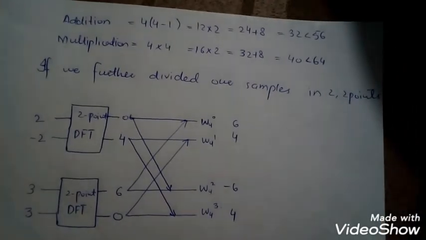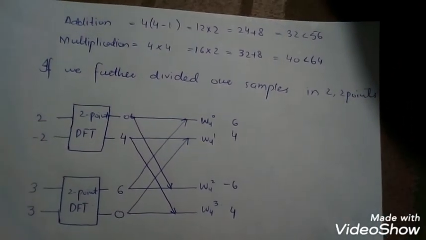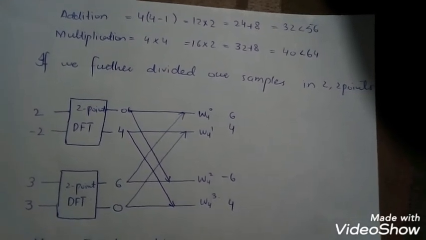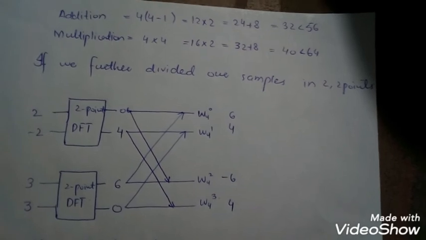So now in this case, when we divide the equation into even and odd portions, the addition will be 4 into 4 minus 1, that is 12, into 2, because we have two portions here, the even and odd.